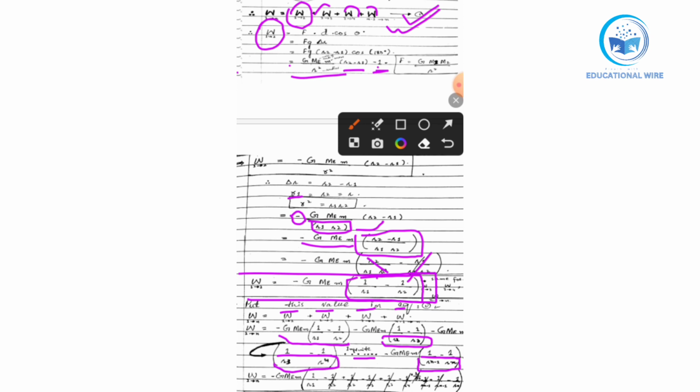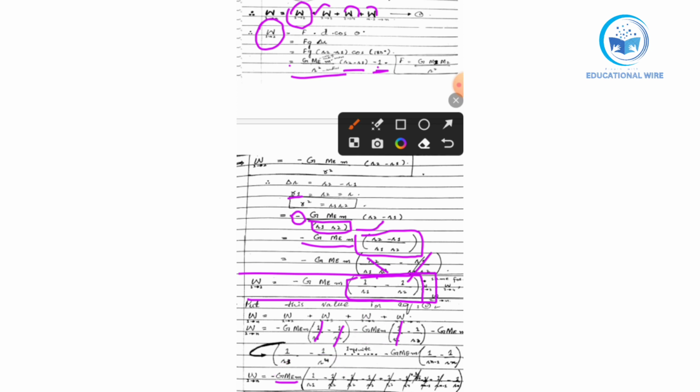After that, we take the common factor of minus G M, the gravity, the mass of earth and the mass, so we put over here 1 upon r1 minus 1 upon r2, same here. After that, we have plus 1 upon r2, how plus, because minus times minus remains plus.